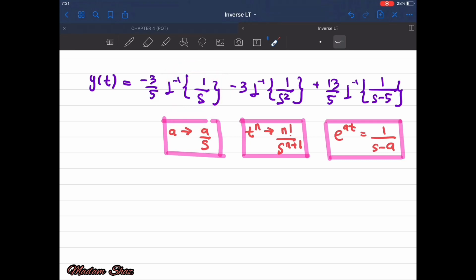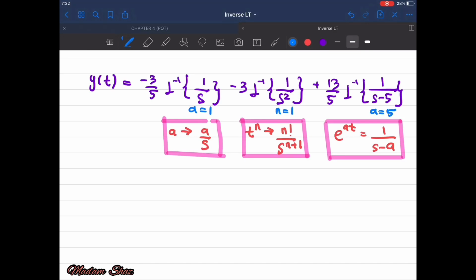So from here, our a is equal to 1. For the second, Laplace inverse 1 over s to the power of 2, this one will become t to the power of n. So for our question here, our n is equal to 1. For the third, Laplace inverse 1 over s minus 5, the suitable one is 1 over s minus a. So therefore, our answer will become exponent at. So our a is equal to 5.